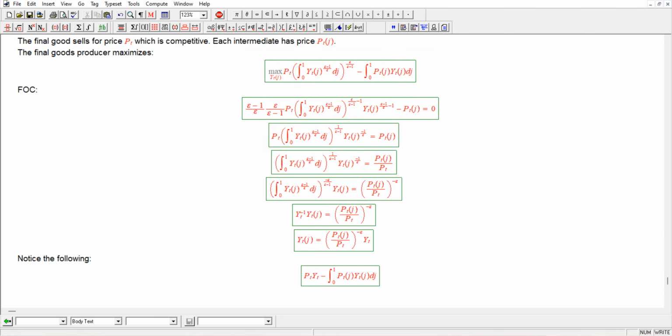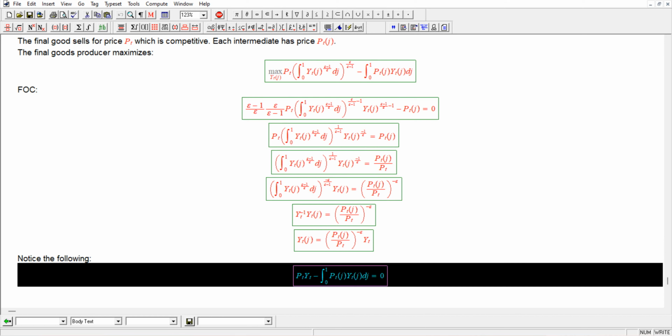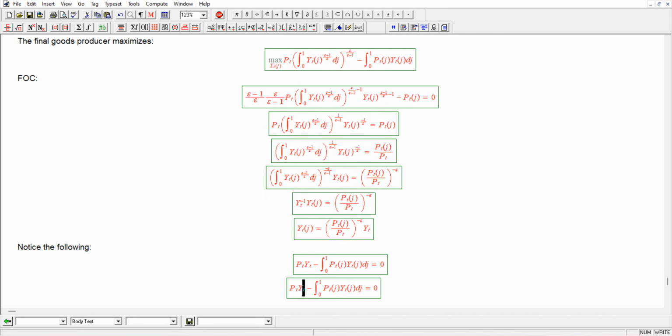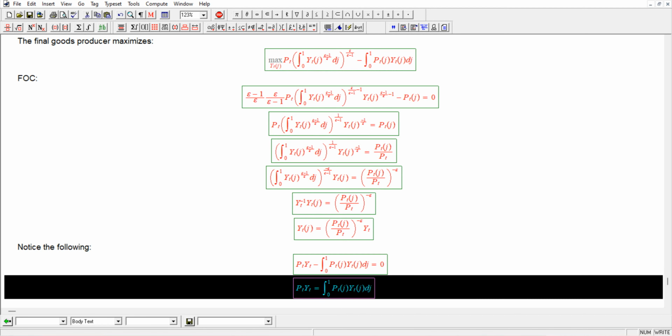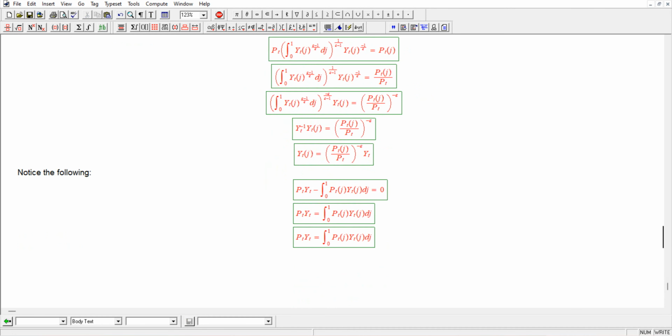And all of this, because there are zero profits, equals 0. Therefore, these two things have to be equal. Now, using this expression, we can substitute for the demand for individual goods and get this expression. We can separate this power over the two arguments here.